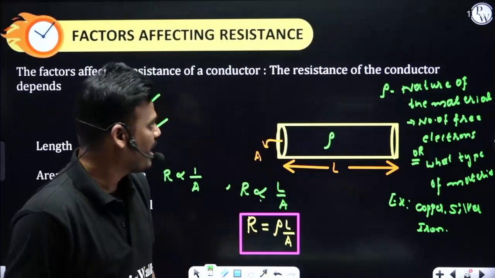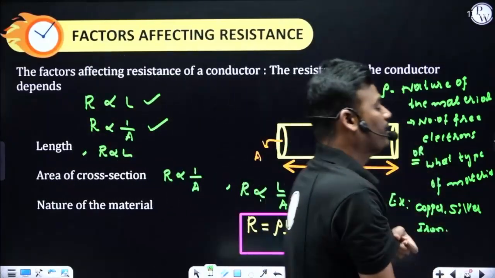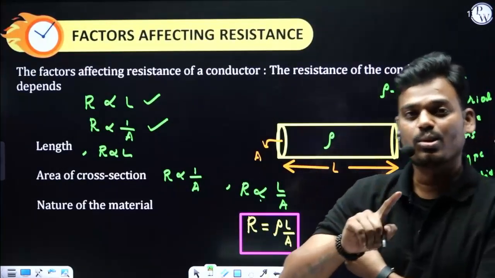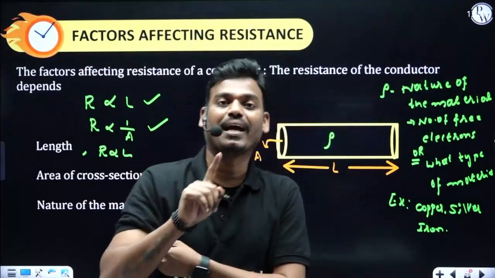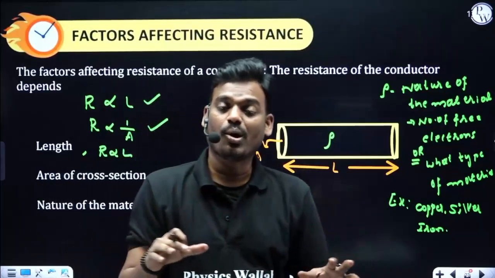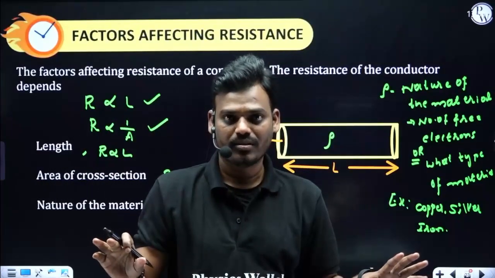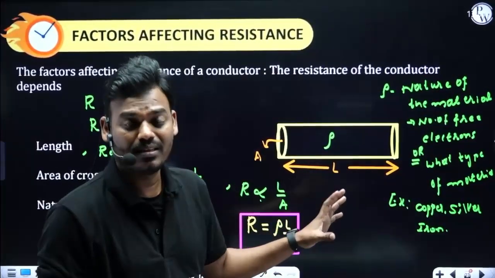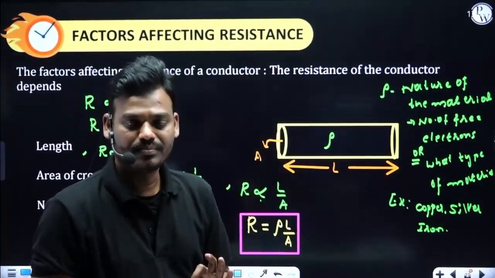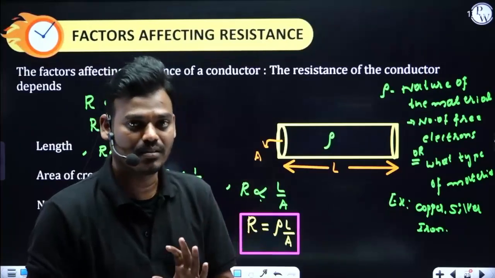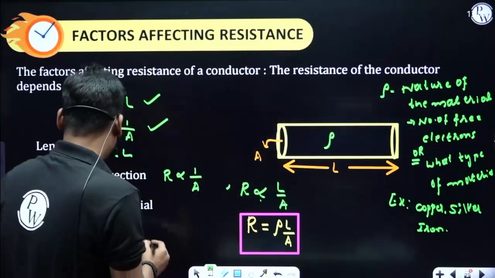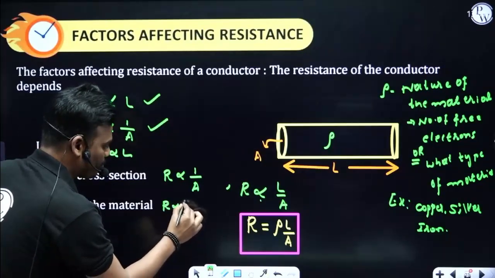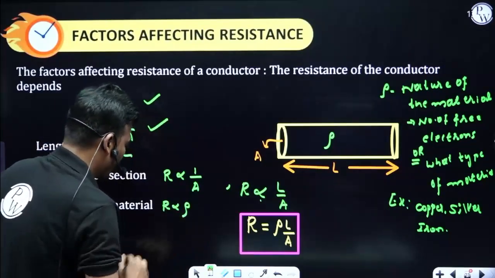Got it. And this nature of the material depends only on the number of valence electrons or free electrons, and it does not depend on any other things. Generally we call this the resistivity of a conductor, rho. So R is directly proportional to rho.